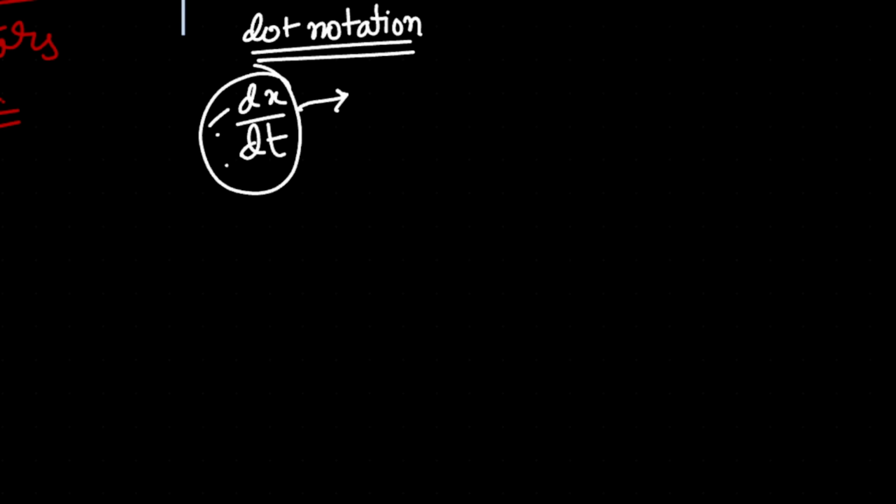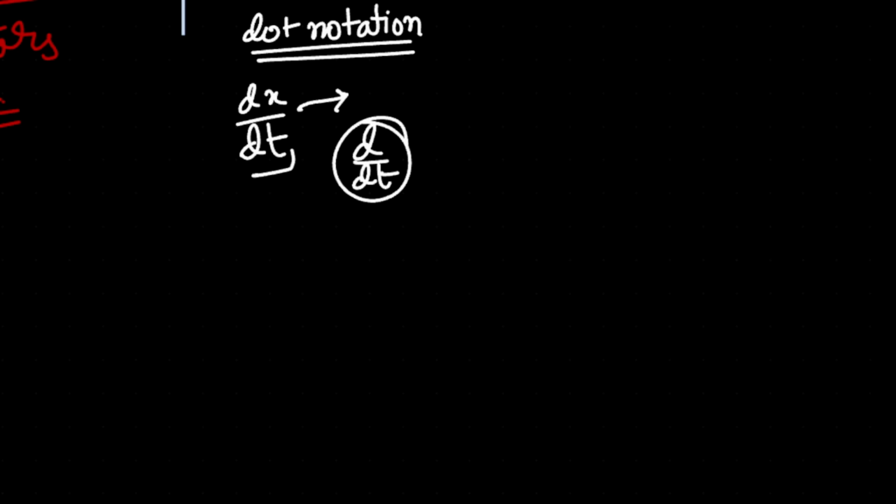When we do complex equations and differential equations, writing those things takes a lot of time. Actually, it takes energy. And what mathematicians found out is that if we mention this change in time with one dot, it will be much easier.